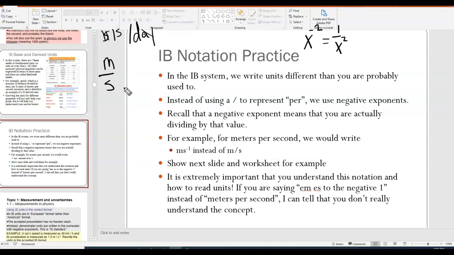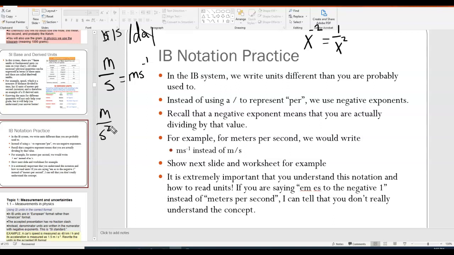So what I'm saying is, in the IB notation, you wouldn't write meters per second like this, you would write it like this. m s to the power negative 1. Okay, so meters, and then per, it's per because if it has a negative exponent, that means you're dividing by it, per second.